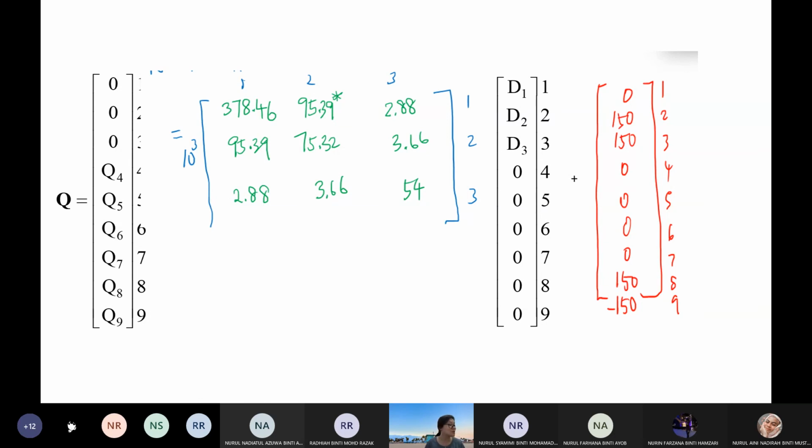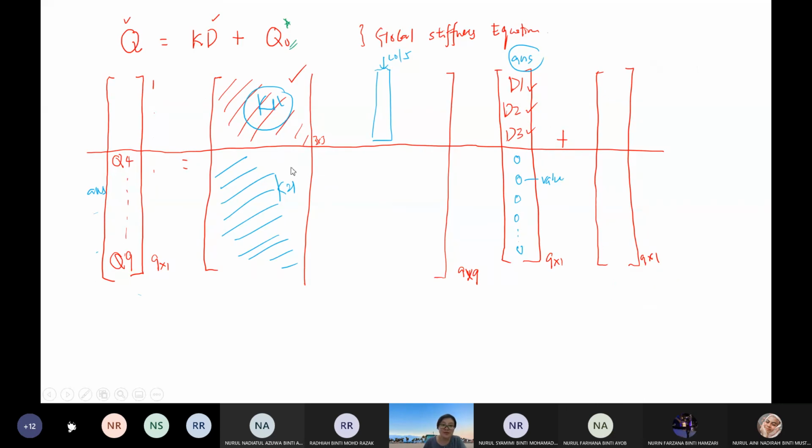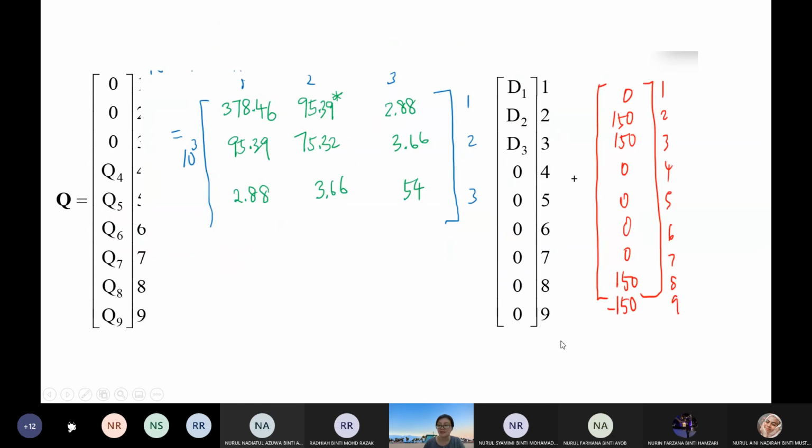And then you need to determine this region, the K21 region, when you want to find Q4 to Q9. I shall give you the answer now for you to check later. So these are the answers. Can you write down the answer?